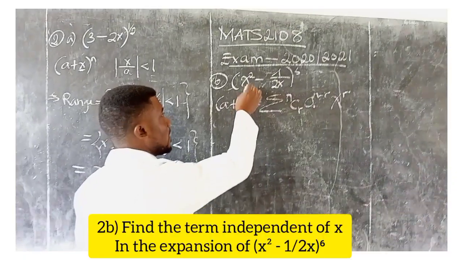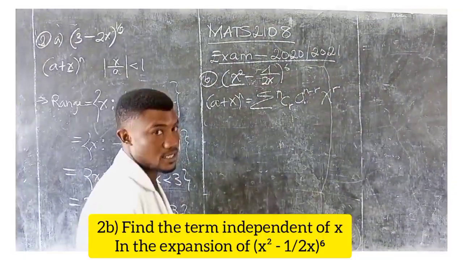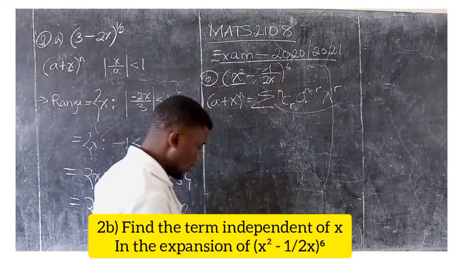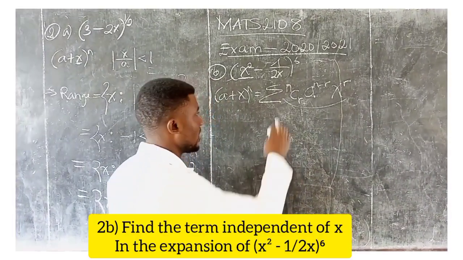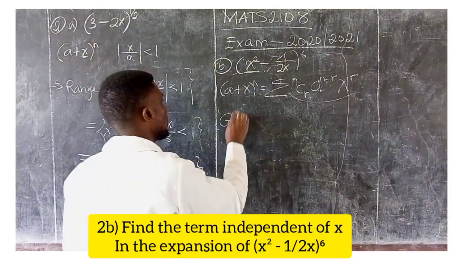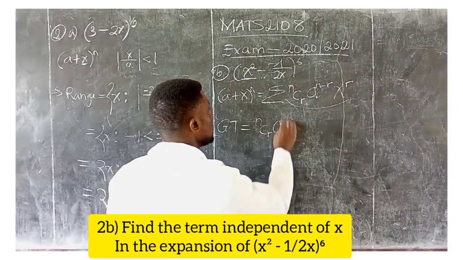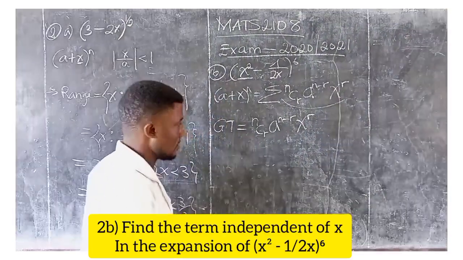Again, in this case, our a is this one, and our x is all of this. So, using the general term, since the question has asked us not to expand, but to find the term independent of x, we use the general term. The general term is n combination r, a to the power n minus r, x to the power r.